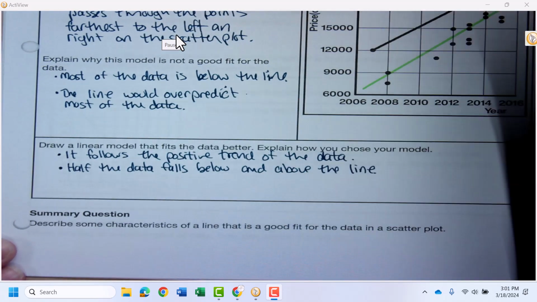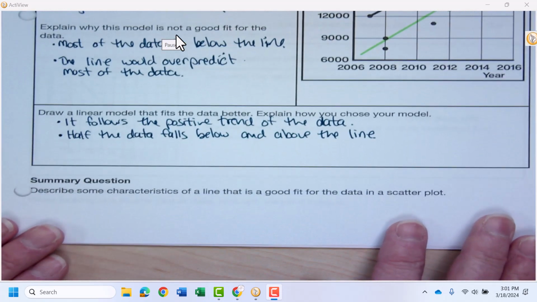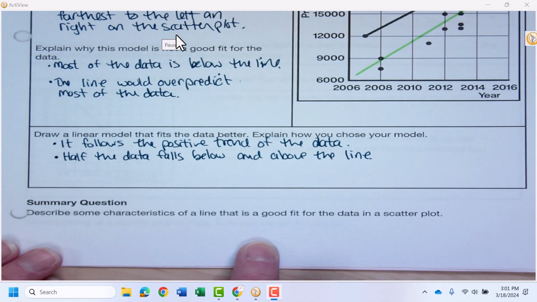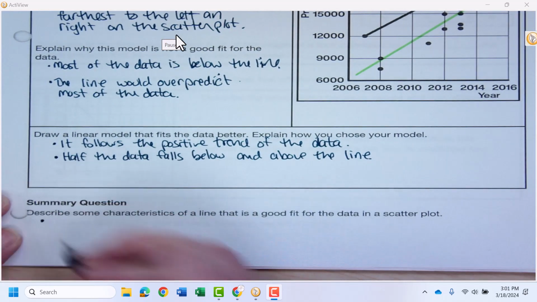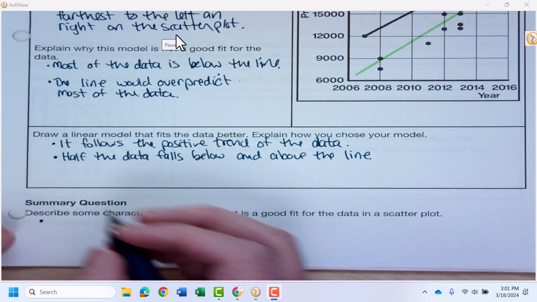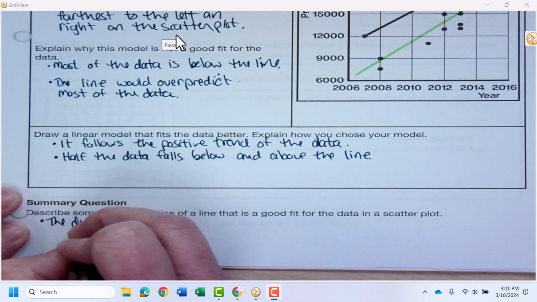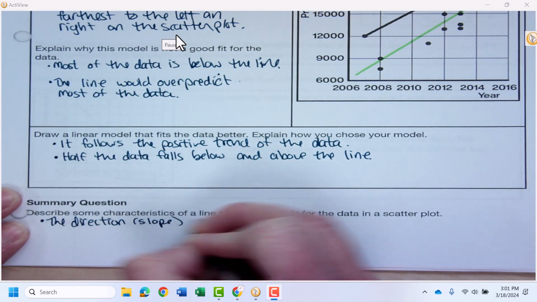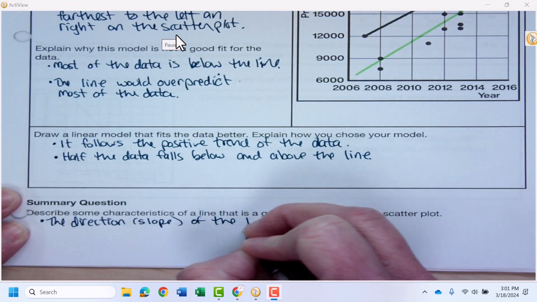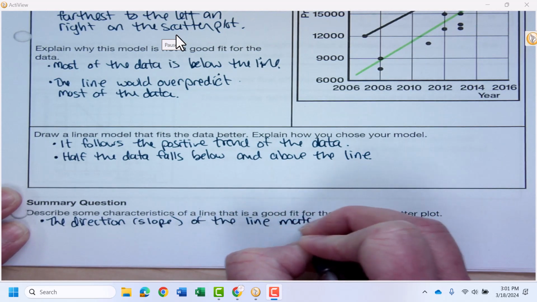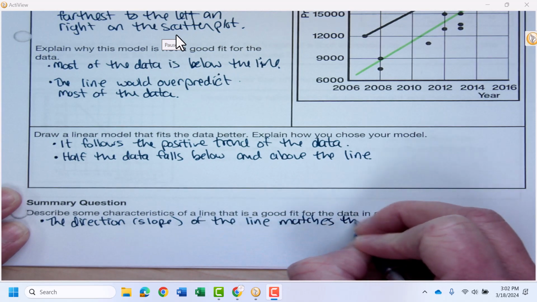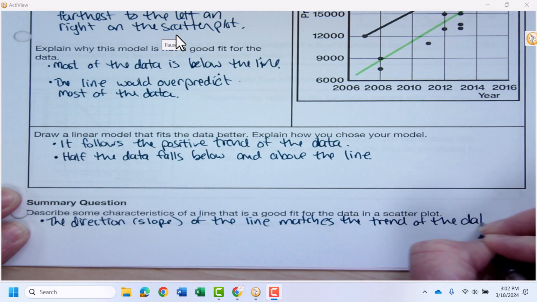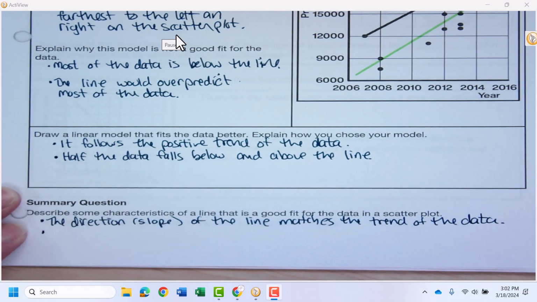So to finish up, if I wanted to describe some characteristics of a line that is a good fit for the data in a scatter plot, I would say the direction or the slope of the line matches the trend of the data. We'll talk more about slope in coming lessons. And that's something you just determine visually.